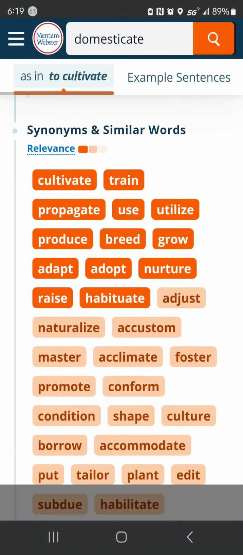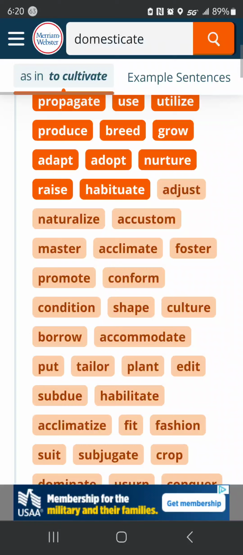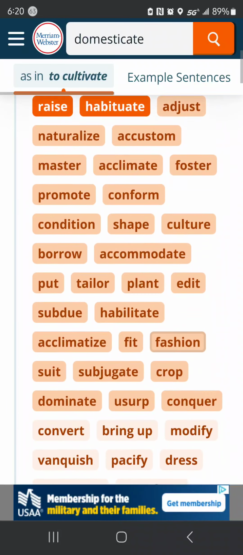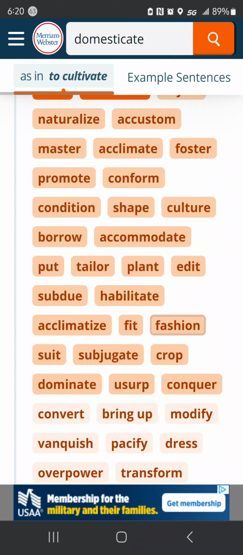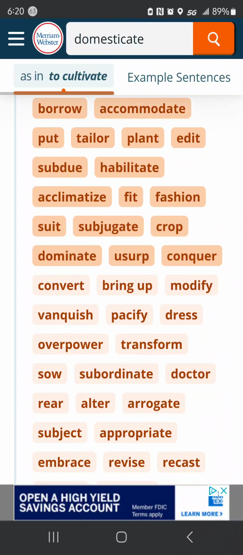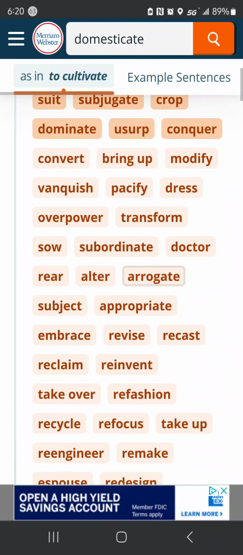Breed, to grow, to adapt, to adopt, nurture, raise, habituate, adjust, to naturalize, I'm gonna skip some, to foster, promote, conform, to shape, to edit, to subdue, to subjugate, to usurp, to conquer, to dominate, to convert, to modify, to change, to overpower, to transform, subordinate, to doctor, to rear, to appropriate, to revise, to reclaim, reinvent, to take over.